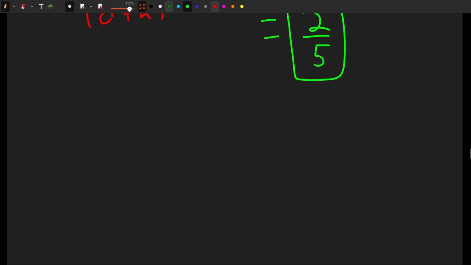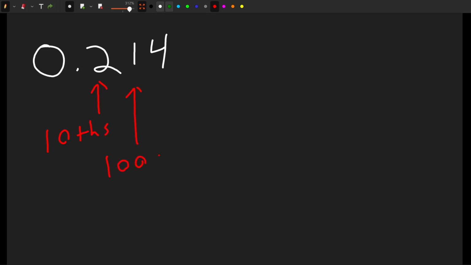Okay, my next problem is going to be 0.214. And I want to convert this to be a fraction. So I know that this is the tenths. This is the hundredths. And this is the thousandths.